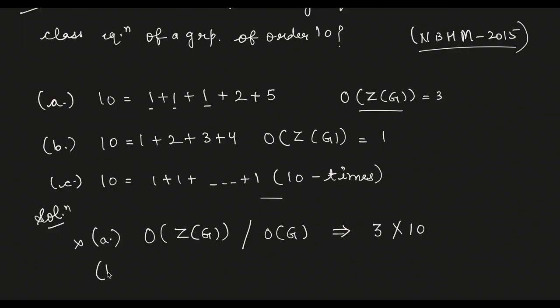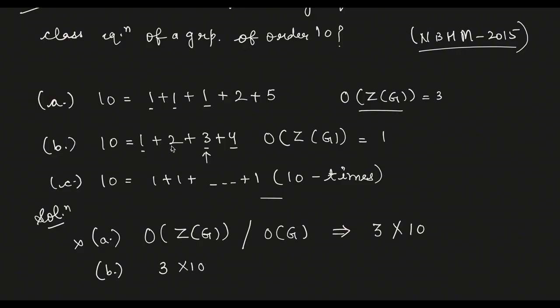Now in B part, one more thing you need to observe, that whichever order is given in this class equation, it will definitely divide the order of group G. Again I can see that this 3 does not divide 10.